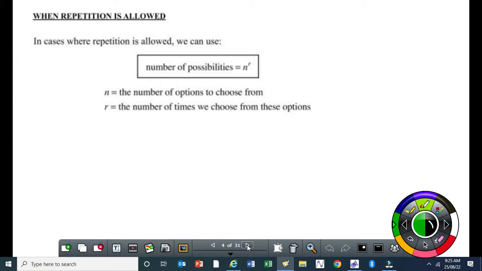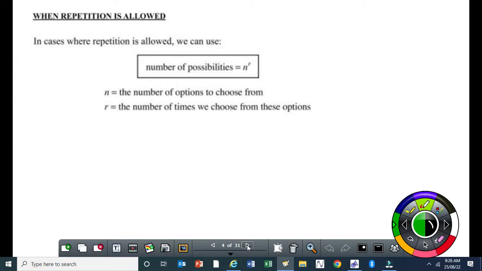In cases where repetition is allowed, the number of possibilities is always equal to n to the power of r, where n is the total number of options to choose from, and r is the number of times we choose from those options that are in n.